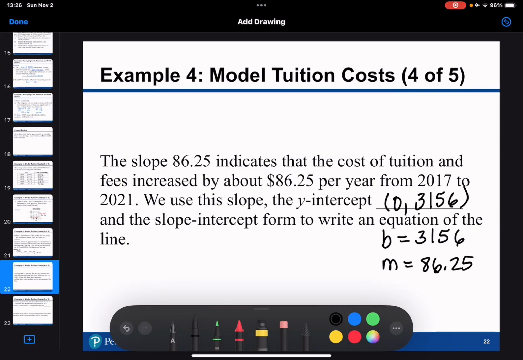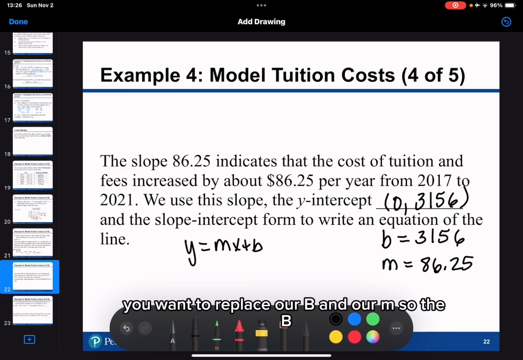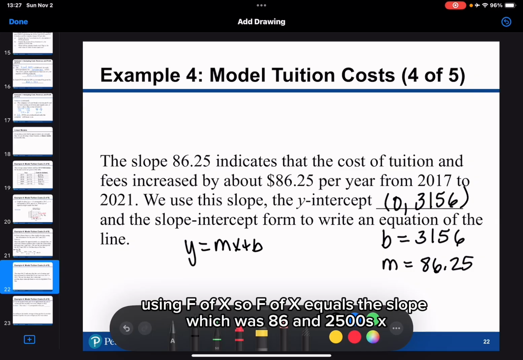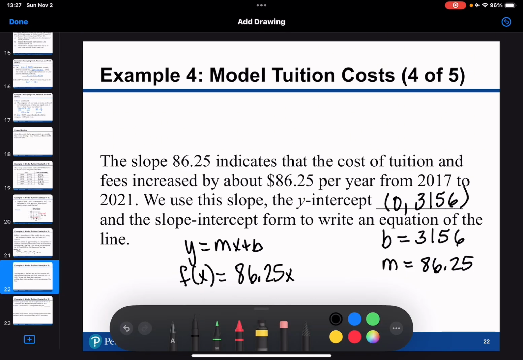So in slope-intercept form, you want to replace our b and our m. Remember, we're not using y anymore, we're using f of x. So f of x equals the slope, 86.25 x, plus the y-intercept, which is 3,156. And this is your final answer.